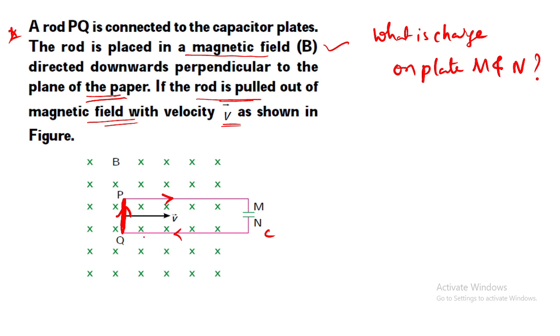Now if clockwise, where is positive and where is negative? Current will always pass from positive to negative. So N will be filled with positive charge. What about M? The plate accumulates negative charge. Am I correct here? Right? Chalo.